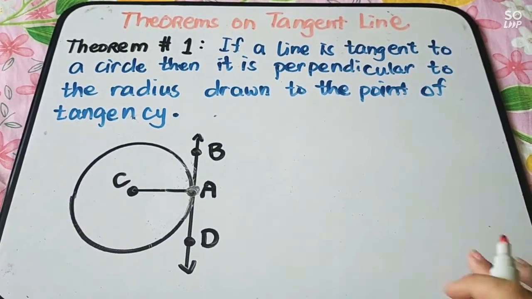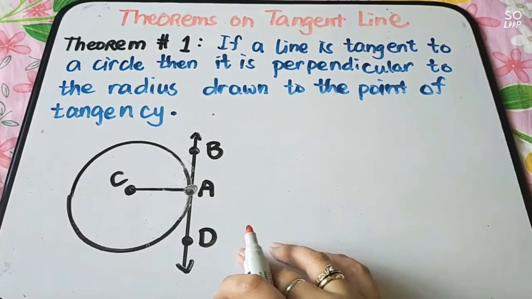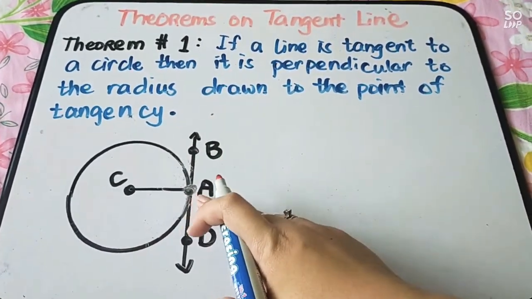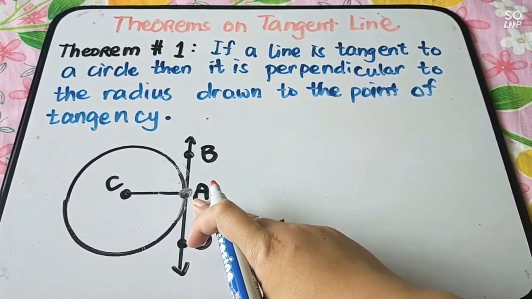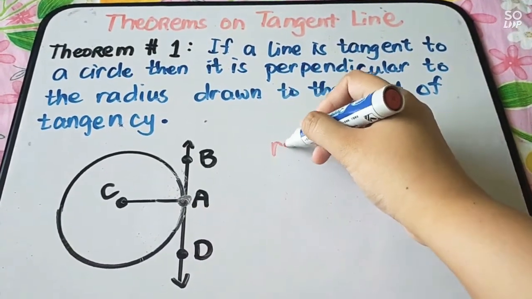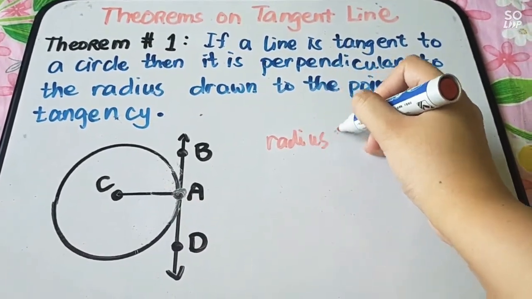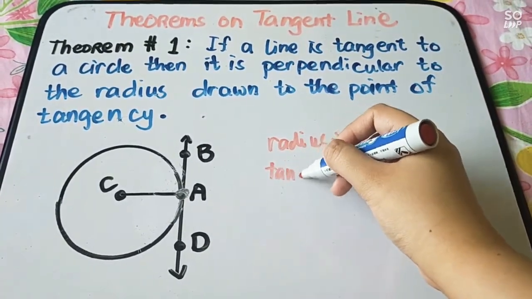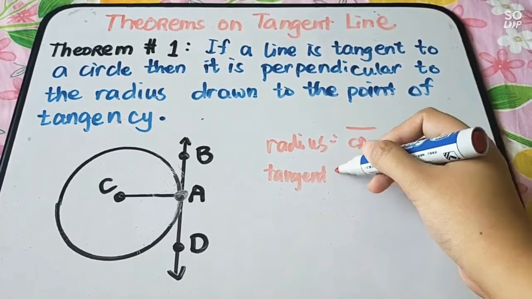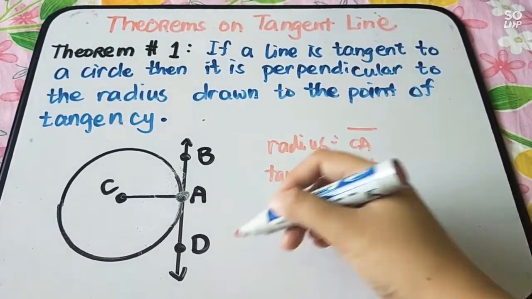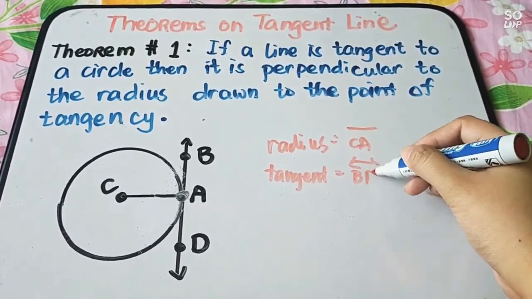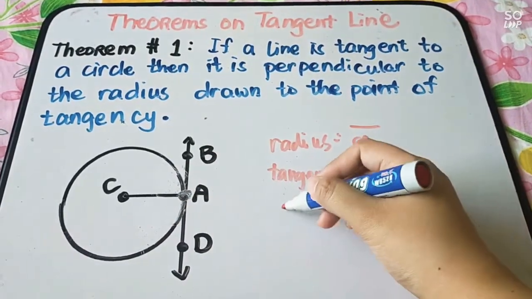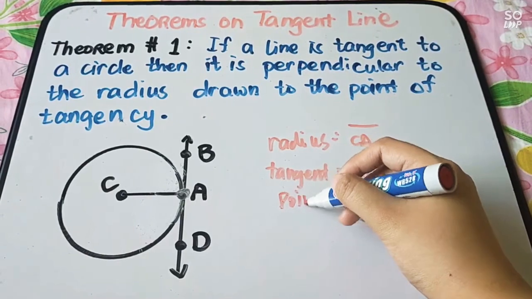Let us consider circle C. As you can see, we have here a radius and a tangent that intersect at one point, which is point A. So, we have a radius, segment CA, and we have a tangent, line BD.